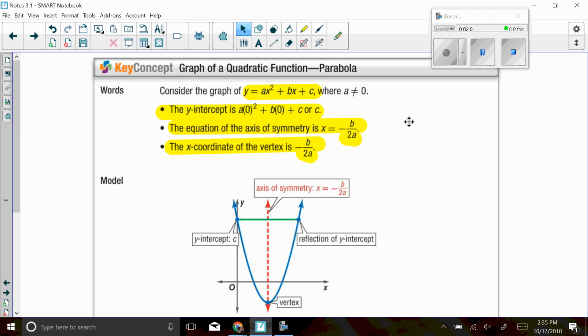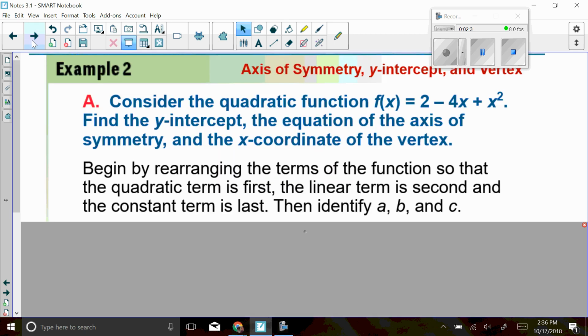The equation of the axis of symmetry: the reason why this is highlighted is this is a big deal. x equals negative b over 2a gives you the axis of symmetry. We talked about how graphs can be symmetric over a line. This is how we can find that line on a parabola. So this is the axis of symmetry. It's also the x coordinate of the vertex. So this is my vertex down here. It's a coordinate point, an x comma y. It's the same as the axis of symmetry. So again, if you need it, stop it and write it down.